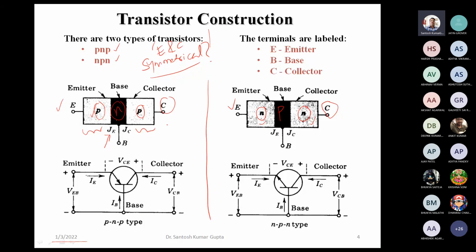The symbol for the PNP transistor is something like this here. So the base is in between, with the collector and emitter.